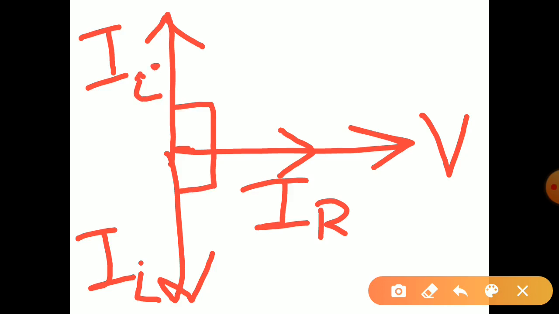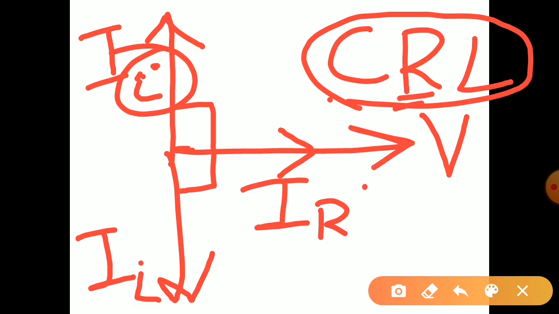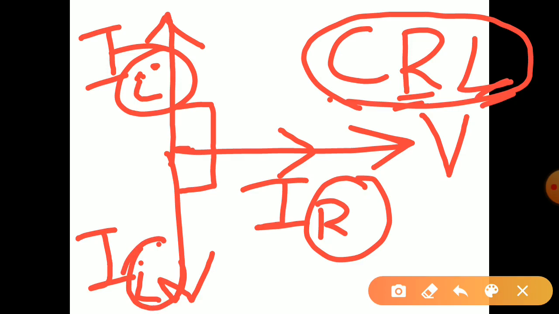So if we remember the term CRL, you can remember this term by relating with CFL that you use at your home. CFL, C is for capacitor, R is for resistor and L is for inductor. So if you remember this term CRL, it will be very easy to remember this phasor diagram.